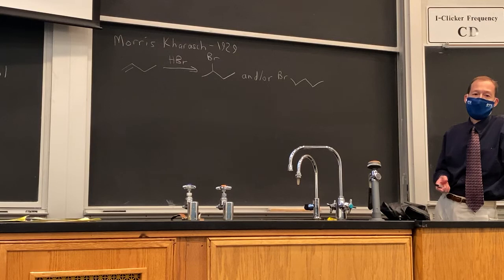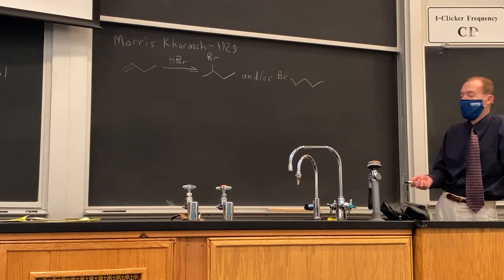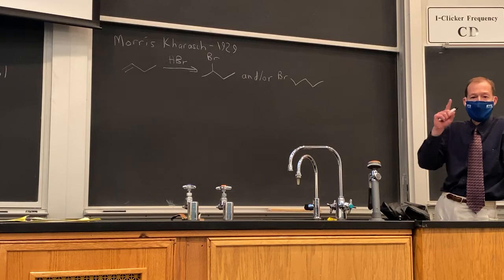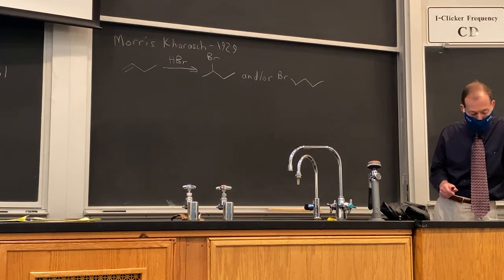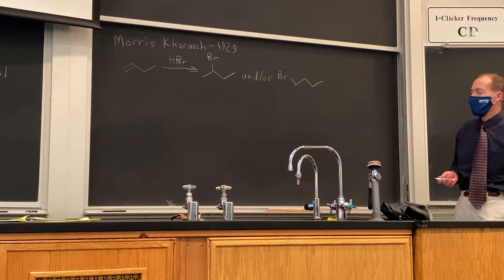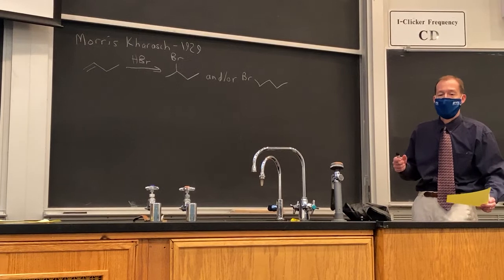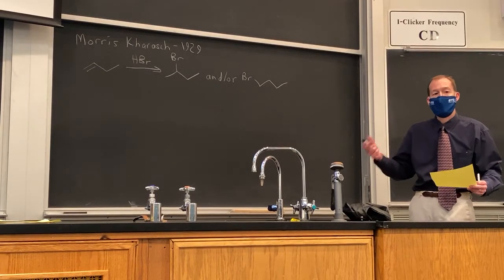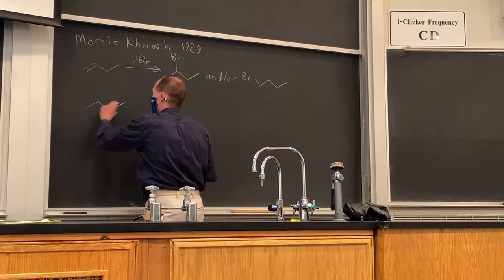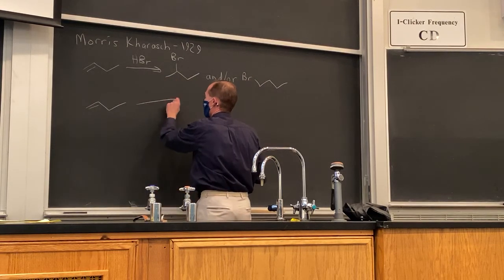So that taught him that there must be an impurity in some of his samples of the alkene that would be promoting the generation of the 1-bromobutane. He did some more investigating, and he discovered that the impurity is peroxides.